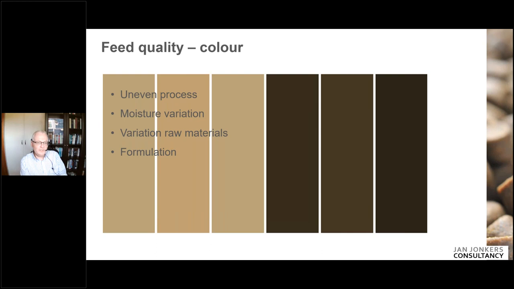Often this is linked to uneven process. If you have instabilities in feed color, it can be moisture variation, variation in raw materials. The formulation itself is of course important. The main NIR suppliers can deliver a module to measure feed color. So as soon as you start measuring it, you can also try to optimize it and to improve this parameter.